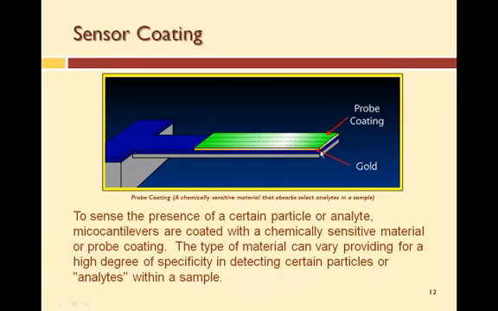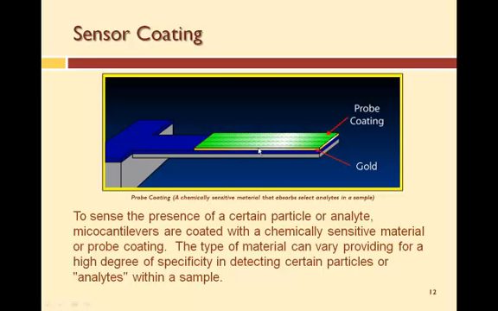And the reason you put the gold down is because that's what the sulfur sticks to, but you can also control where you're going to put the coating. Otherwise, you might coat everything in there and nothing will work, right? It gets all fouled up. It's called biofouling of the sensor, if things stick to everything.